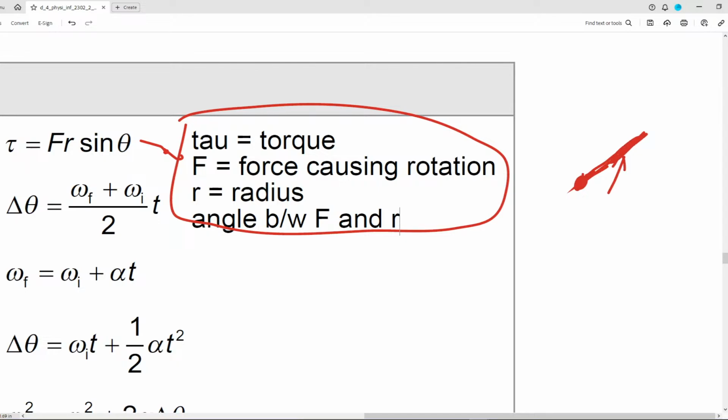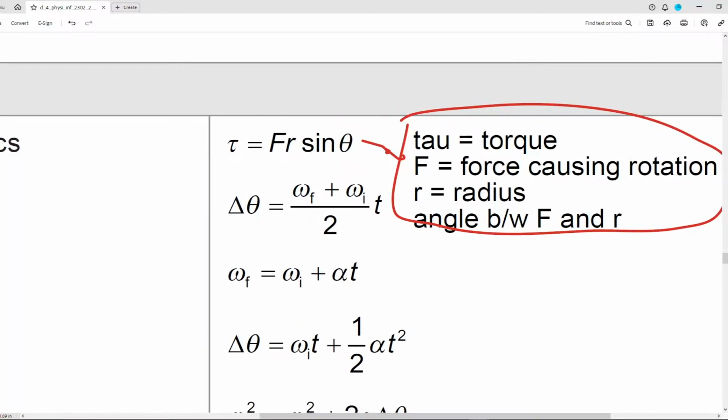This is the arm, R, and this is the force, F. That angle there, theta, is the angle we're talking about, between the force and the radius.